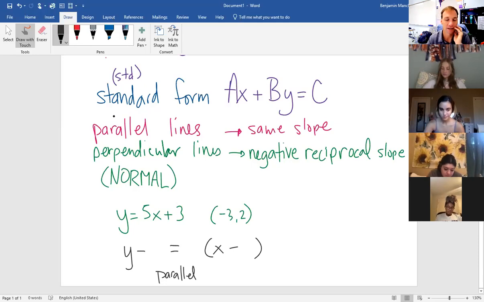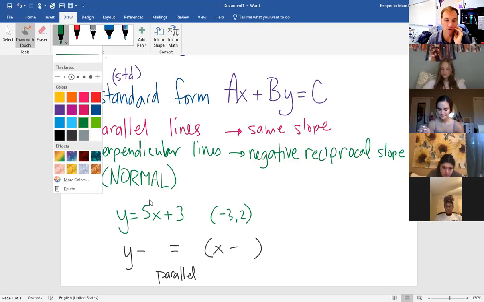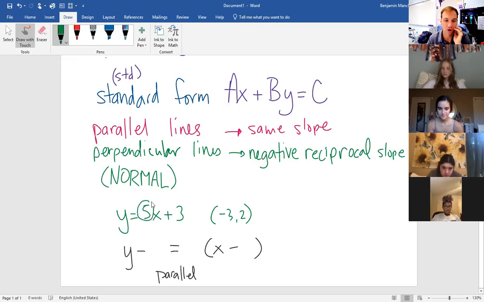And parallel lines have the same slopes. So you come over here and you say, all right, here's the slope of my given line. That means it's going to be the slope of my parallel line. Okay, same slope. And then here is your x value. So that goes in here with the x.